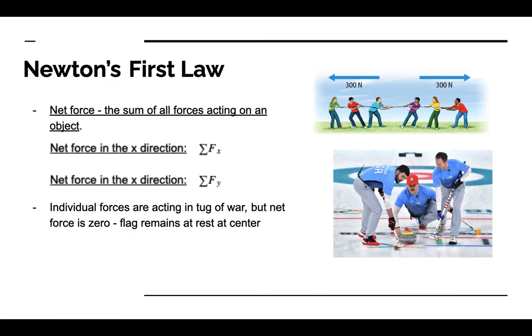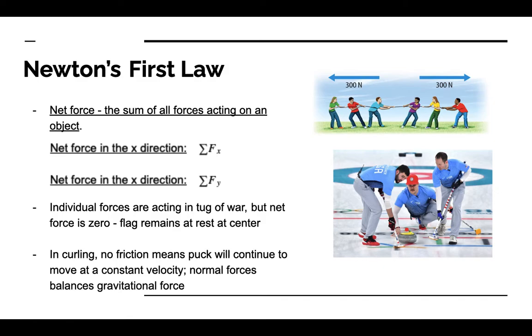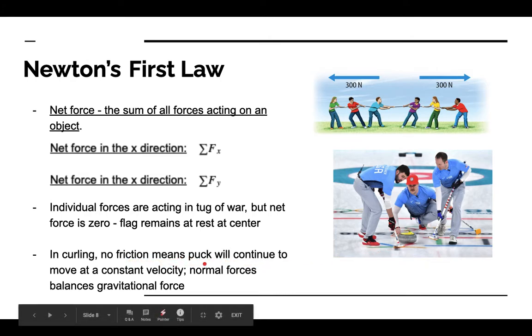So what we can say is that in an ideal case, if we take the extreme where there's no friction, our curling stone or puck would continue to move at a constant velocity. There'd be no friction acting, so our curling stone will continue to move indefinitely at a constant velocity. In the y direction, say up to down, the normal force would balance the gravitational force acting down on our curling stone.